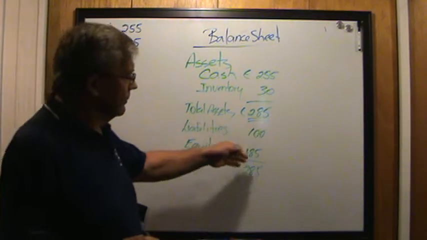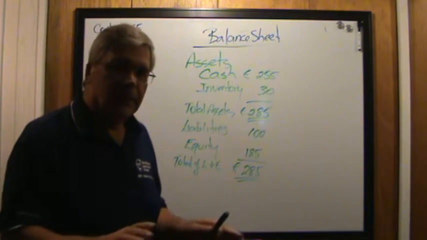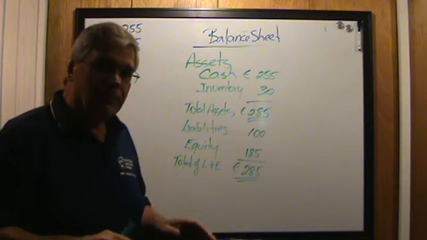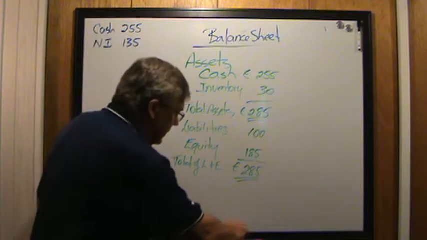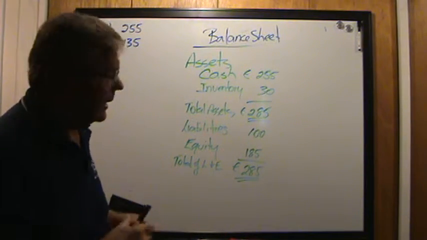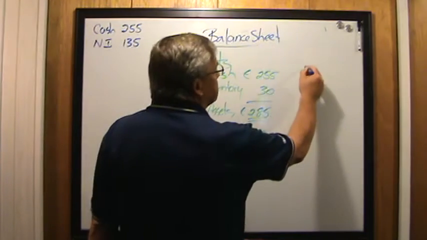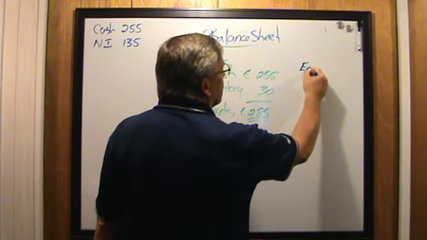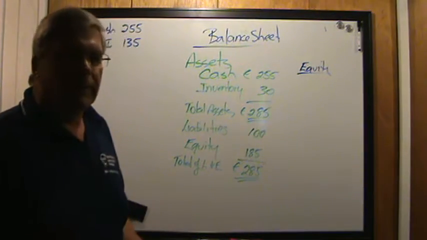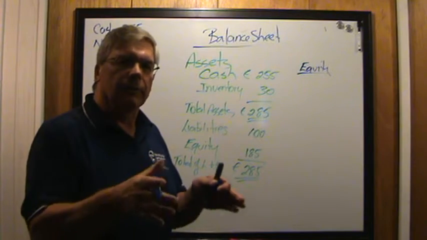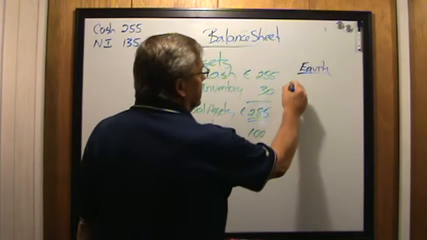Now you notice all I did was subtract this. That's the easy route, and if you do everything right, it'll work. If you don't do everything right, it'll give you the wrong answer, and I'll show you how to calculate equity right now. So when you're calculating equity for the end of a particular period or a point in time, you have to start with the beginning equity.